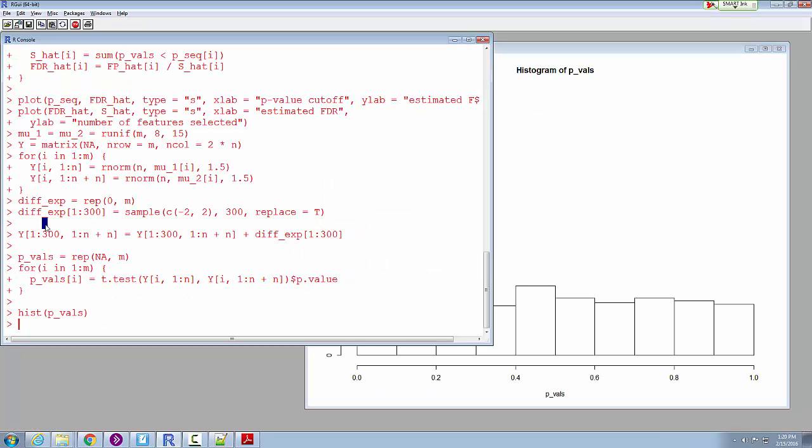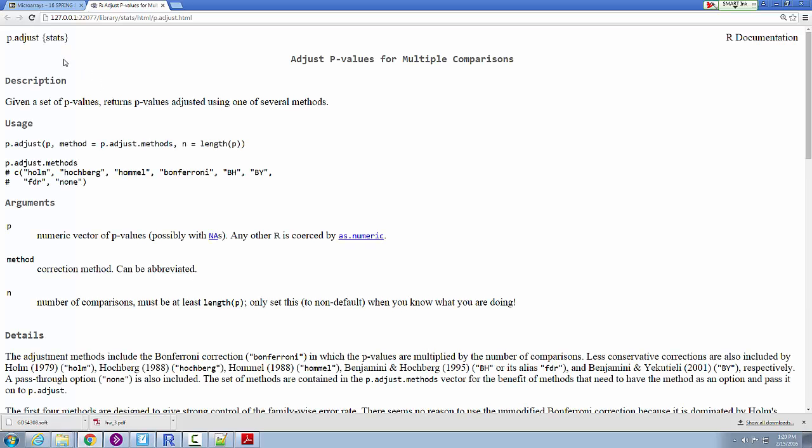And there is a function called p.adjust, which is a base function that comes with R, and it adjusts p-values.